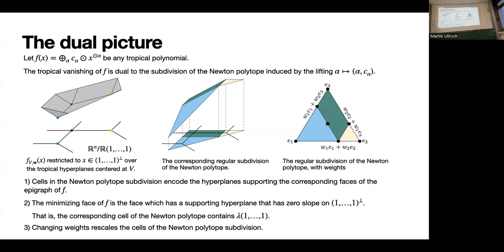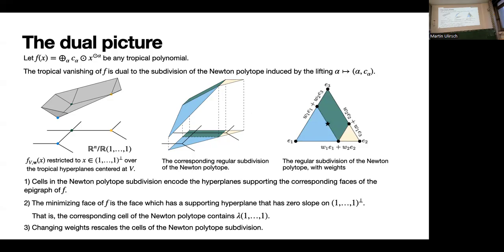This is a pretty straightforward statement, but it just means that since we're restricting to the space that's perpendicular to the all ones vector, any supporting hyperplane that has a slope that's a multiple of all ones is going to be constant on that space. If that's a supporting hyperplane of one of these faces, then that's the face that's going to achieve the minimum.